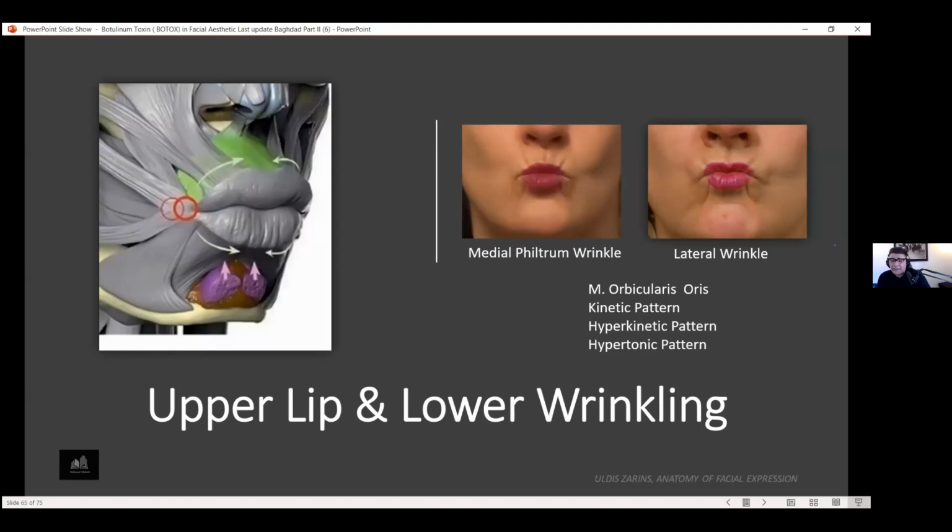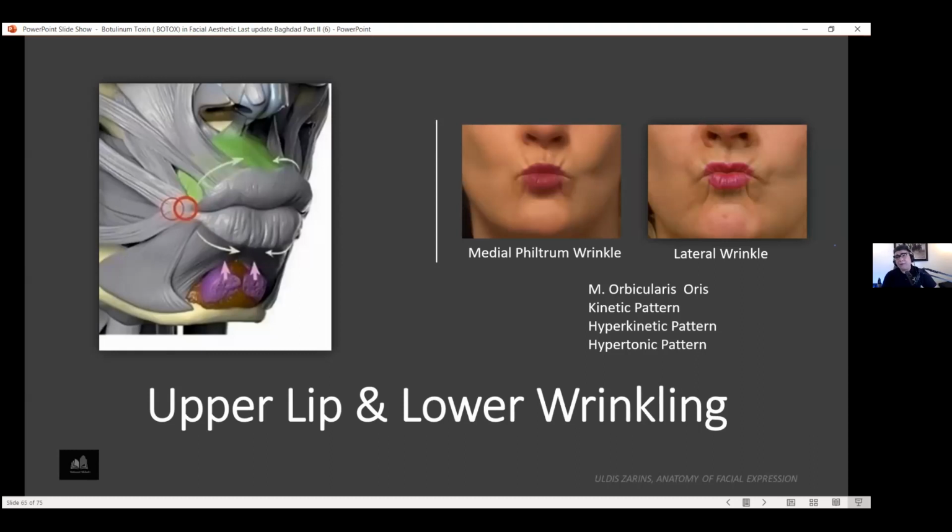Why should I do it like that? Because I would like to check where I can put my points, to the philtrum side or to the lateral side, because I don't like to put too much botulinum toxin around the perioral tissue.